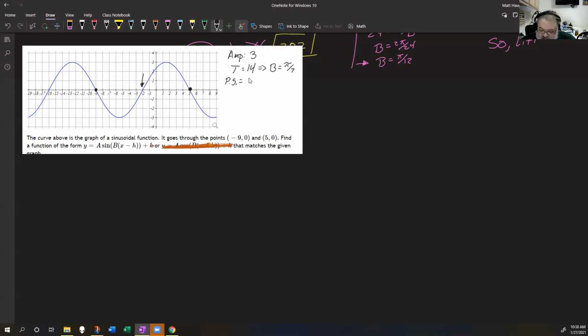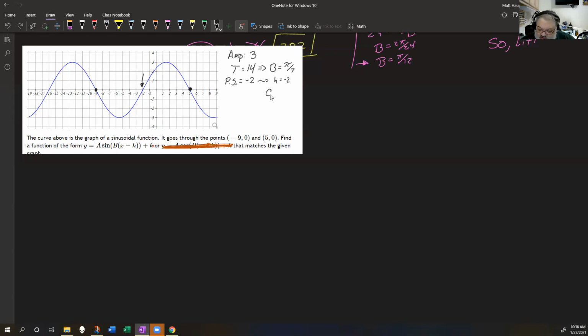But I totally think that that phase shift of -2 is totally reasonable. And we could use that with an H just of -2 if you want to use that form.